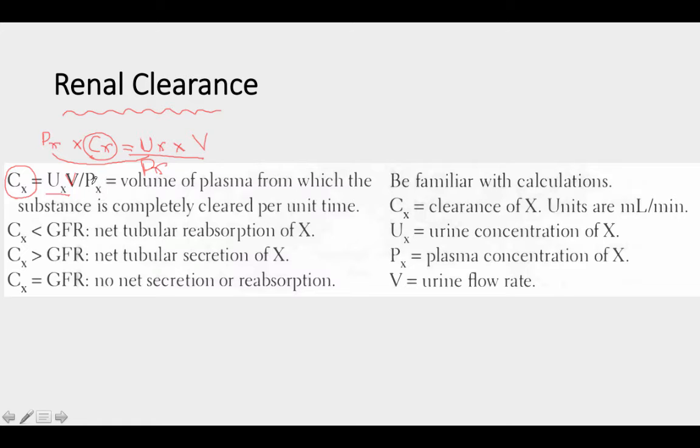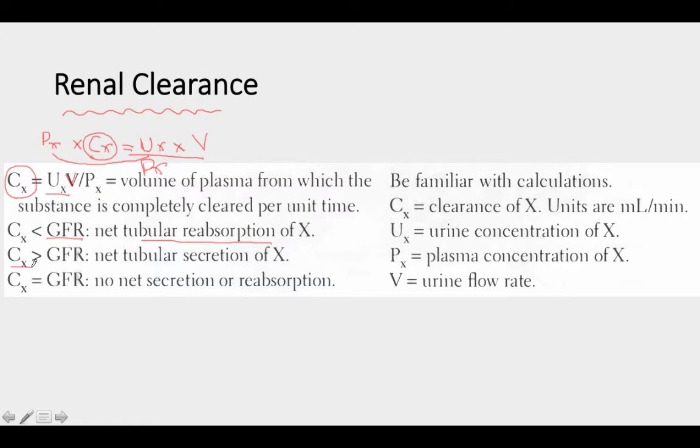Now let's take a step back from that. If the clearance of a substance is less than the GFR, right? Then there must be some reabsorption of that substance in the tubules.